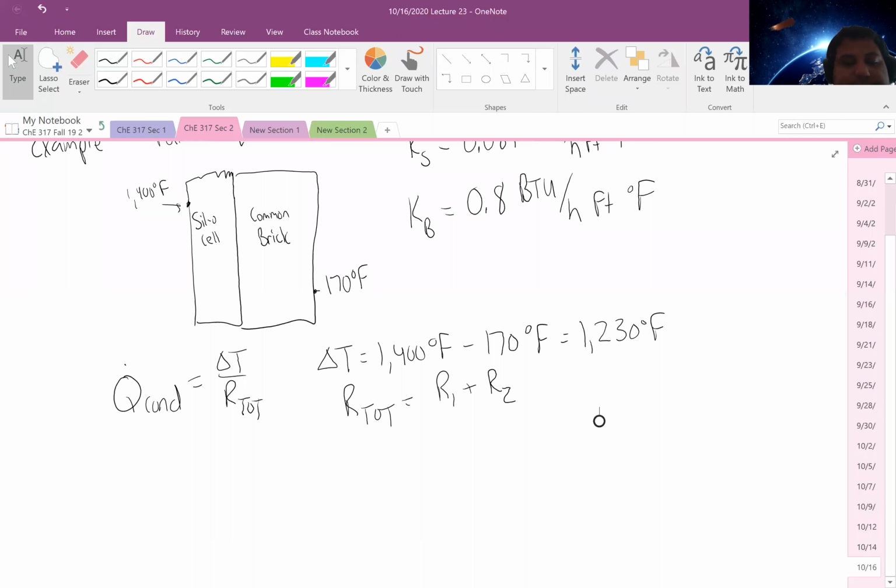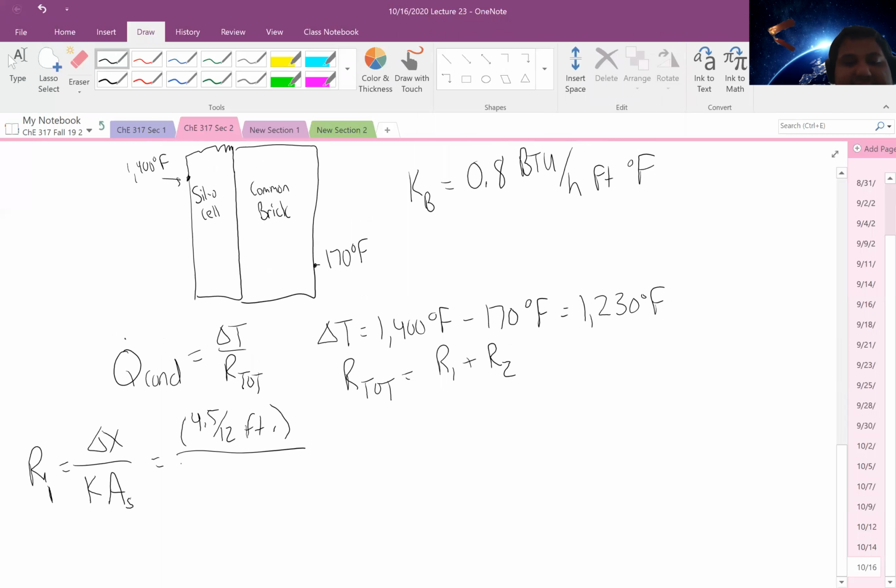So the resistance 1 will be delta X over K times A. The thickness of the silocell layer is approximately 4.5 inches, so I can do 4.5 divided by 12 to give my value in feet. The thermal conductivity we've already identified as 0.089 BTUs per hour foot degree Fahrenheit.